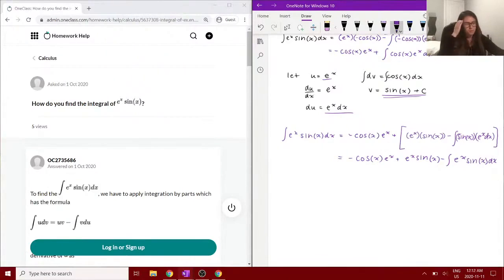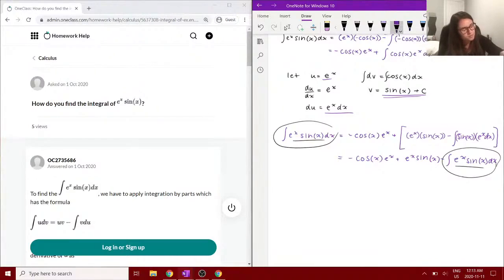Well, if you notice, you actually have something pretty cool here. We have this term and this term, which is the same term on both sides of the equation. Now this one's being subtracted, this one's being added, so we can't cancel them out. But what we can do is move this term on the right-hand side of the equation to the other side, just by adding this term to both sides.